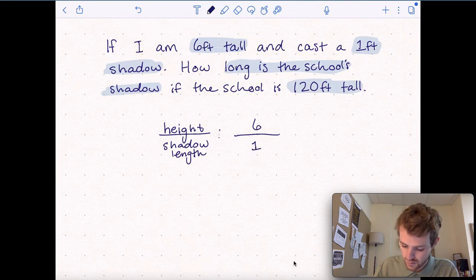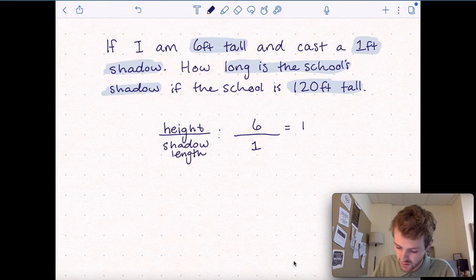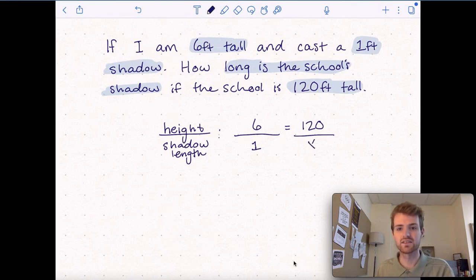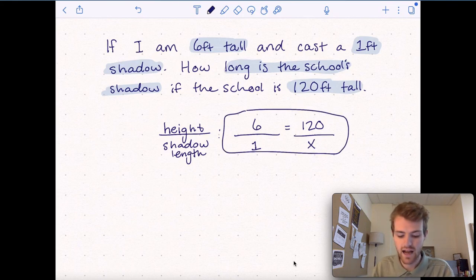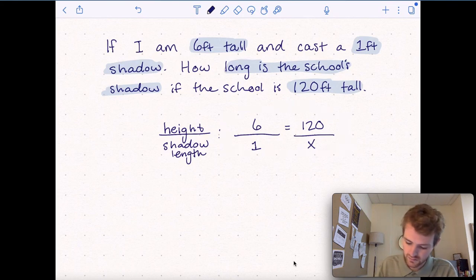Cool. When I look at the building, we see that the building is 120 feet tall, and we don't know the shadow length right now. So that's where we put our x. Once again, do you see how we've made a proportion here? Now we can go ahead and solve that.